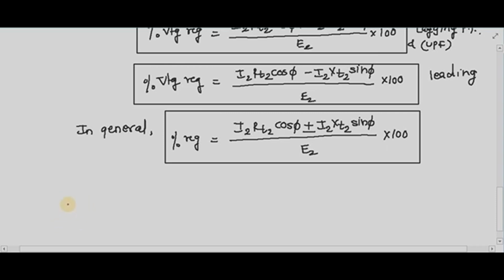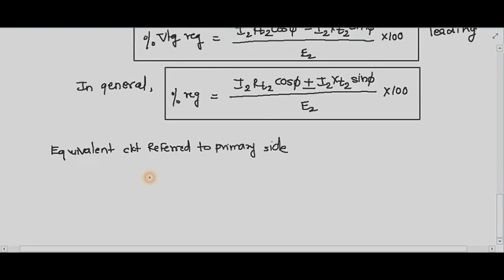So in the same way, if you proceed with the equivalent circuit referred to the primary side, what will we get? On the primary side, this is your RT1, this is your XT1, this one is your V1 as it is because V1 is not transferred to the secondary side, and this one is your load.